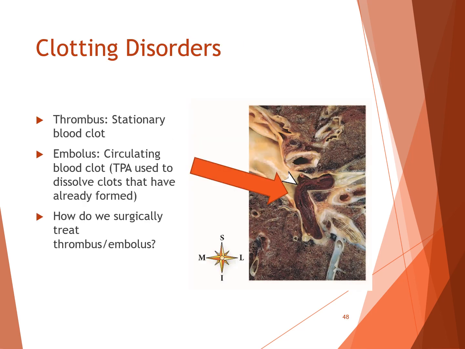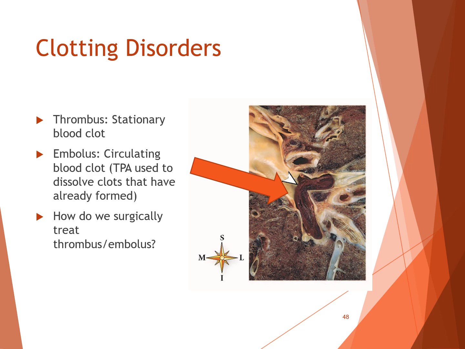So we're coming into the home stretch here. We're going to talk about a couple clotting disorders. Two terms that you will hear used frequently in surgery are thrombus and embolus. A thrombus is a stationary blood clot, as opposed to an embolus, which is a circulating blood clot.